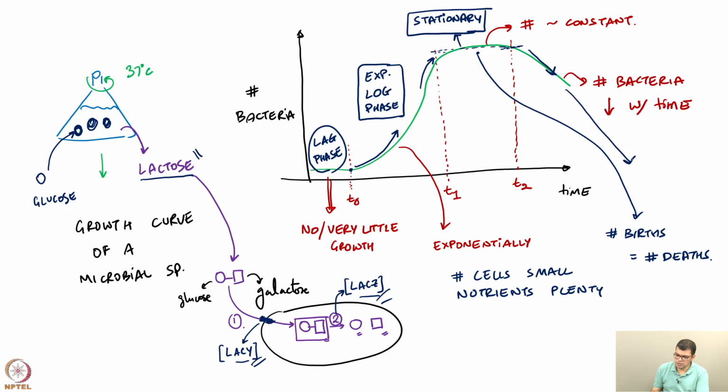So, what we should focus on here is that in these 4 phases of growth, let's say this is phase 1, phase 2, phase 3 and phase 4, bacterial growth is characterized by its performance in each one of these 4 phases. So, we will try and understand some numerical estimates of what allows us to define this growth process.